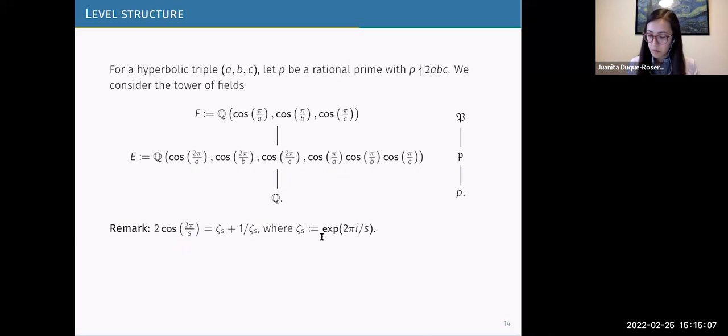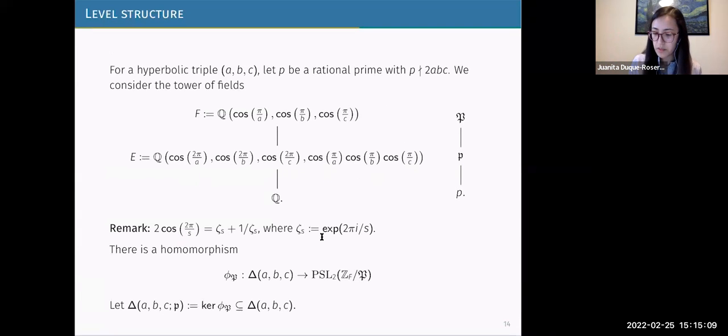Okay, so now we can define level structure using this prime ideal, P. It turns out that there is a homomorphism that goes from the triangle group to PSL2 of the residue field of our prime here, F. This is just a finite field, and we can find a homomorphism that goes from the triangle group to this PSL2 of this finite field.